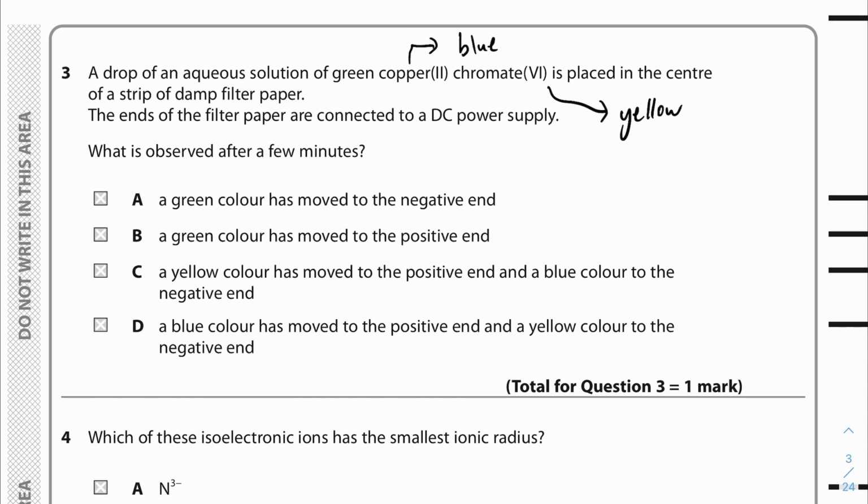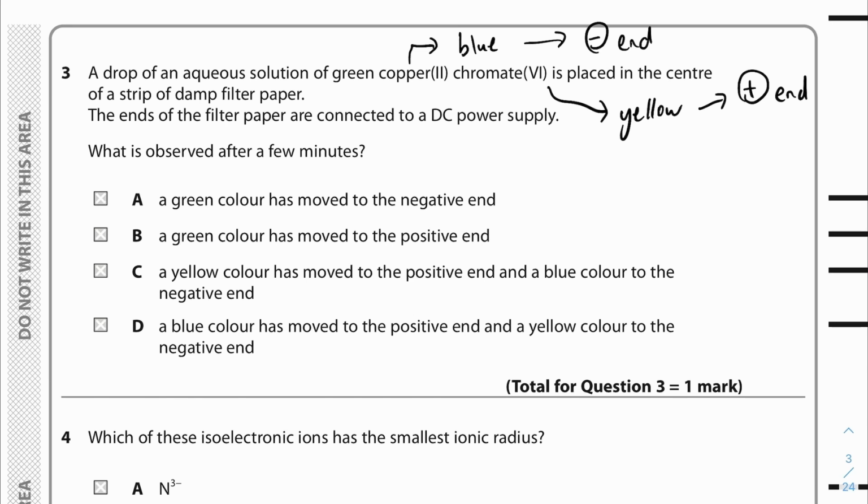So what's going to happen is that the yellow will be attracted to the positive end, right? And the blue, because it's positively charged, copper 2 plus, will be attracted to the negative end. Okay, so let's see what's over here.